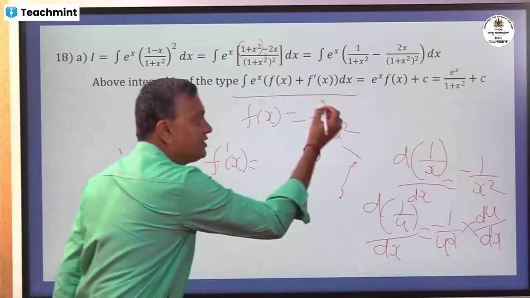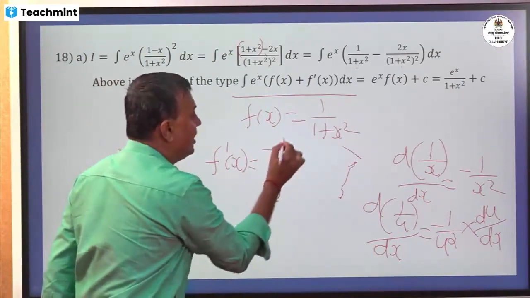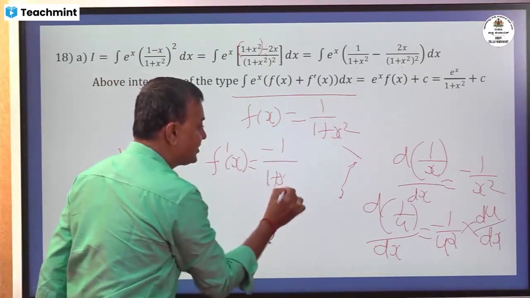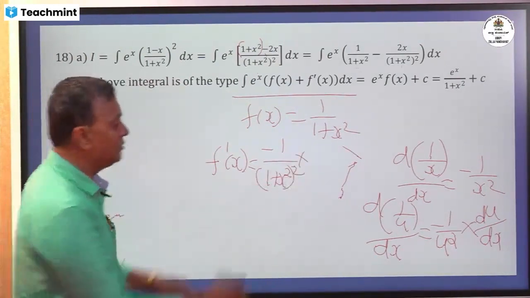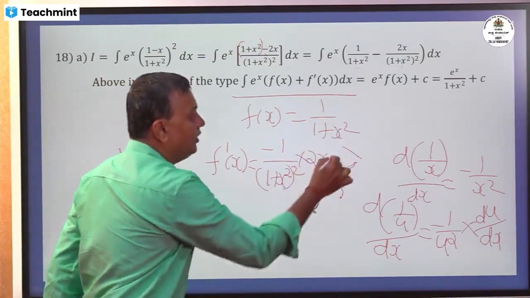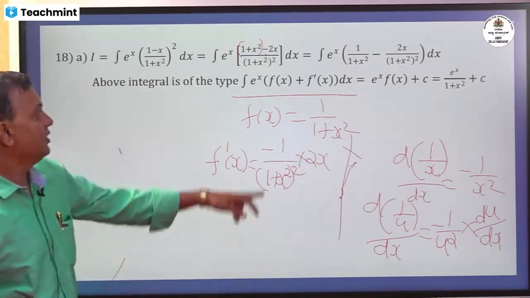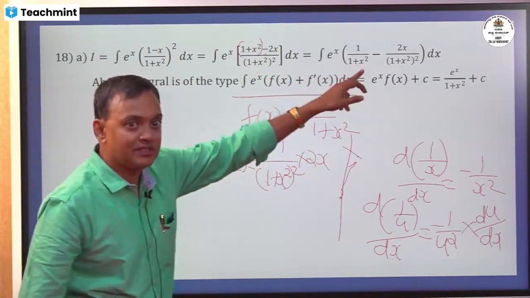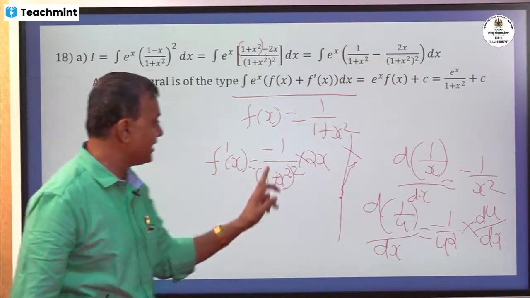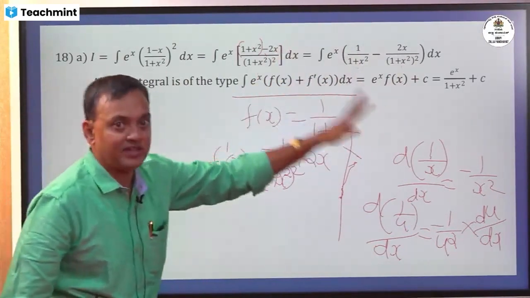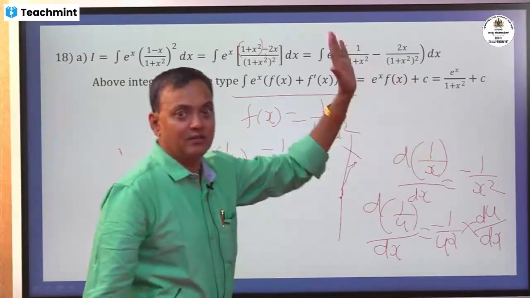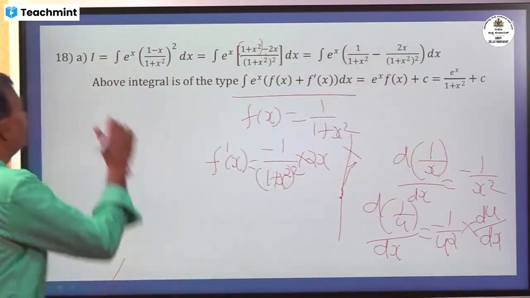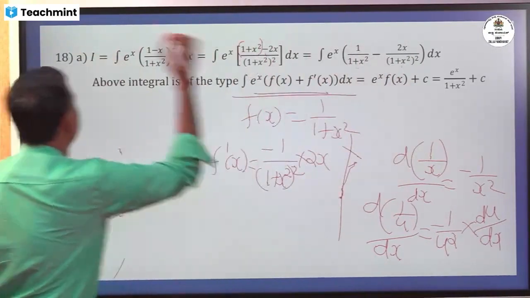So the derivative of 1 by 1 plus x square is minus 1 by 1 plus x square whole square into derivative of 1 plus x square, which is 2x. So minus 2x by 1 plus x square whole square is f dash of x. So answer is e power x into f of x plus c. Very important type.